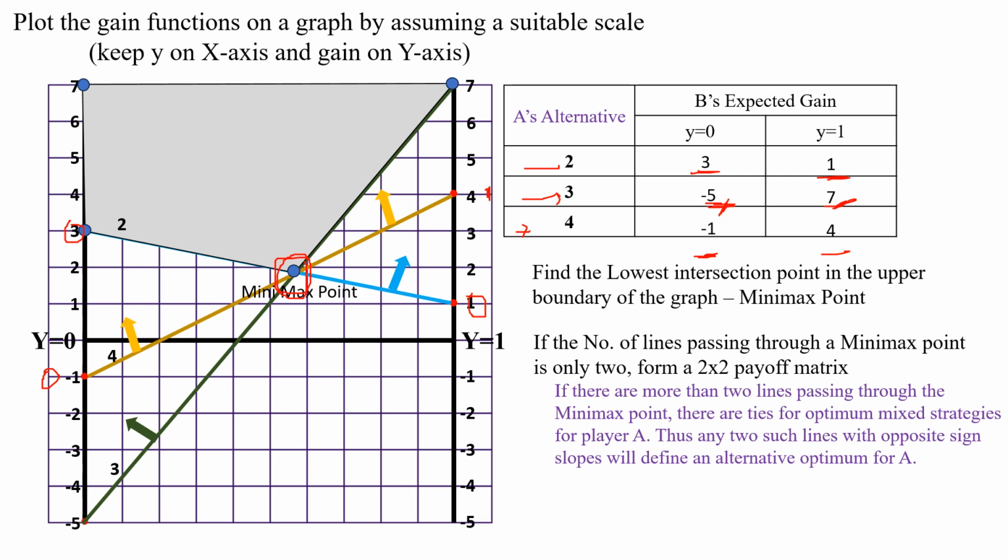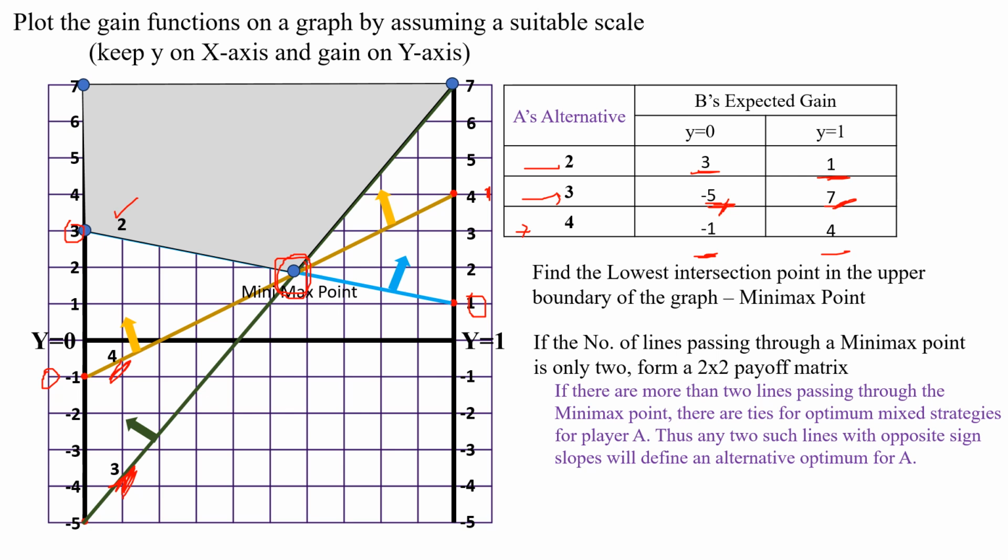So here, observe that at the minimax point, 3 lines are passing. Then you have to select any 2 lines with opposite sign of the slope. So consider the second line strategy: the third and fourth have the opposite sign slope.